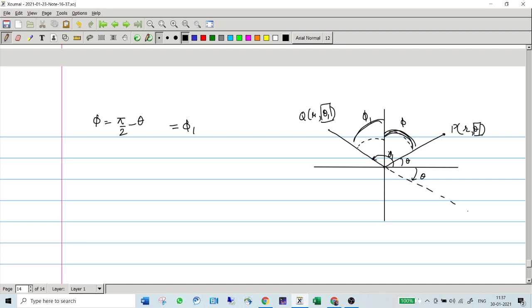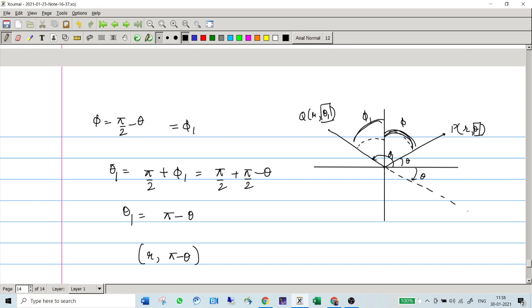You have theta to be this much as a whole. It means theta 1 is simply pi by 2 plus phi 1. Phi 1 was pi by 2 minus theta, so you have got your theta 1 to be pi minus theta. So the point happens to be r comma pi minus theta, right?